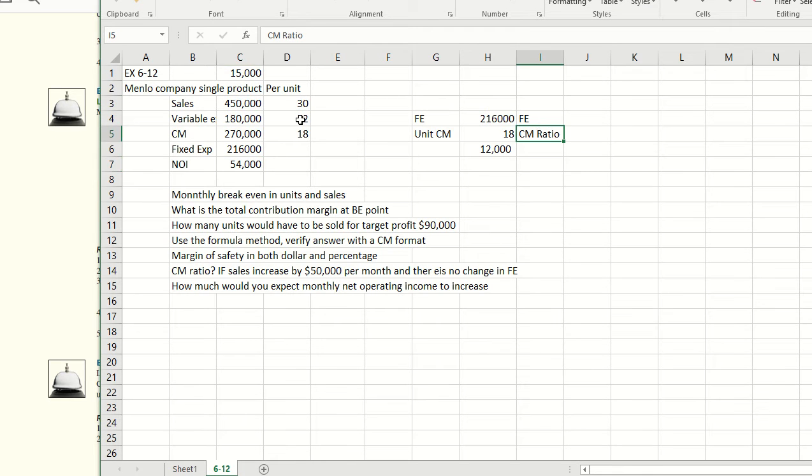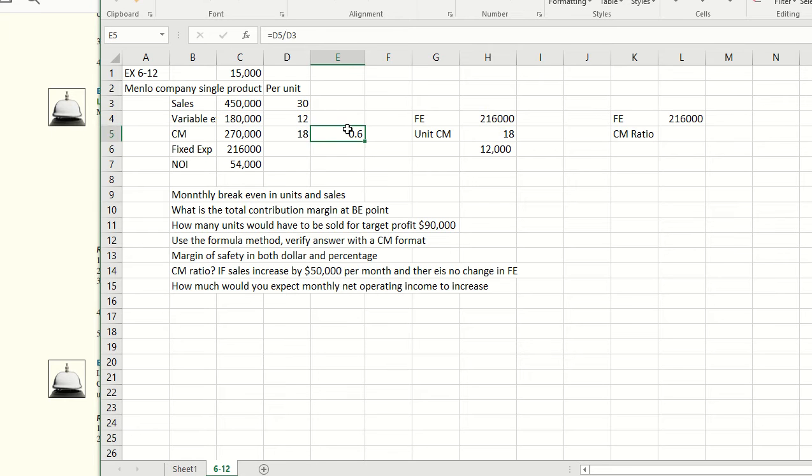So contribution margin ratio, remember, I could do the contribution margin over the sales, which could be the 18 divided by the 30 or the 270 divided by the 450. That would give me the same ratio, right? And so fixed expenses again is the 216,000 divided by the ratio. Let's find that ratio: 18 divided by 30.